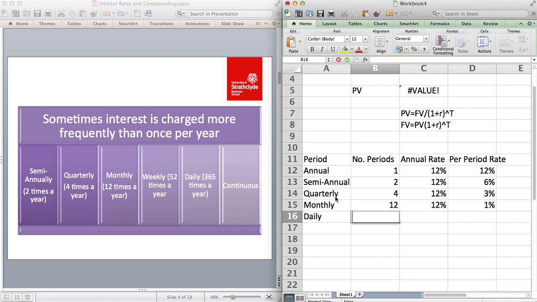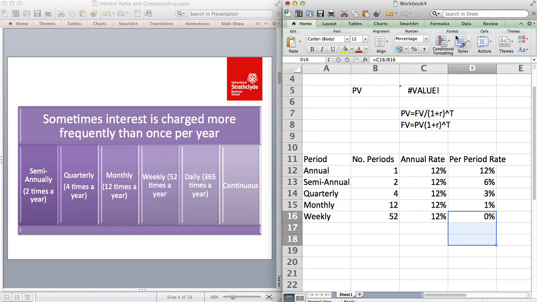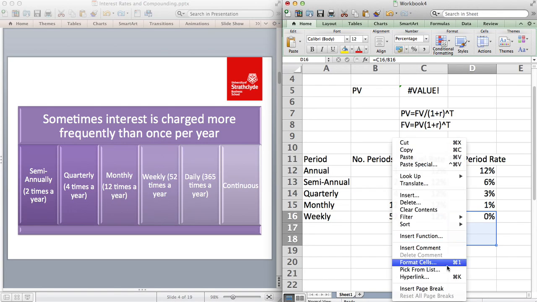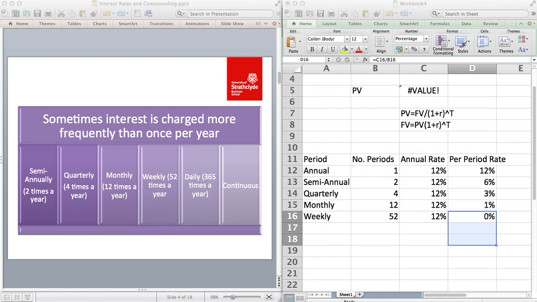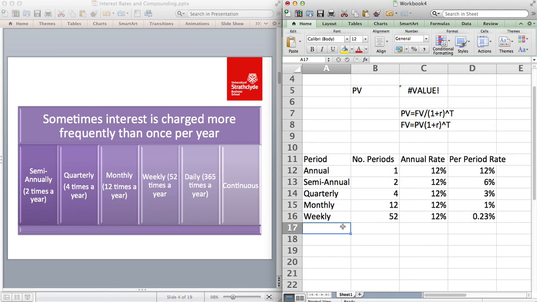I've missed out weekly, just for completeness' sake. Weekly, 52 weeks, annual rate 12%, and the per period rate, let's get this into decimal places, is 0.23%.